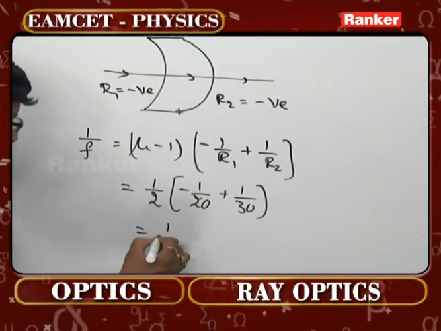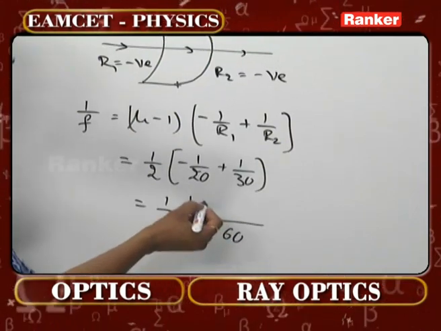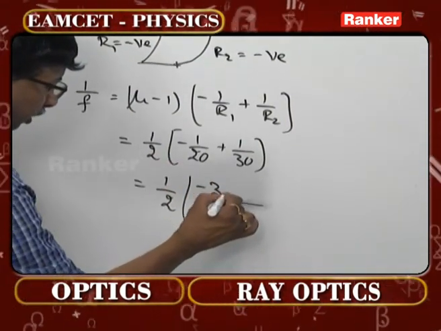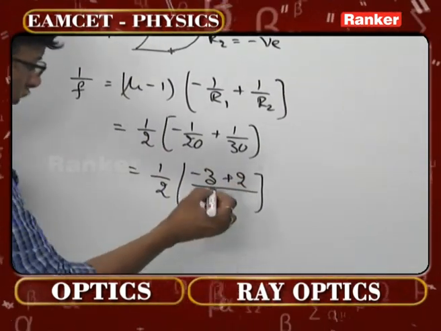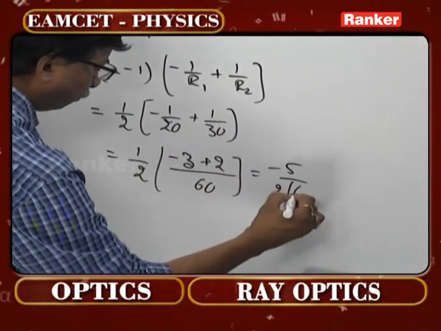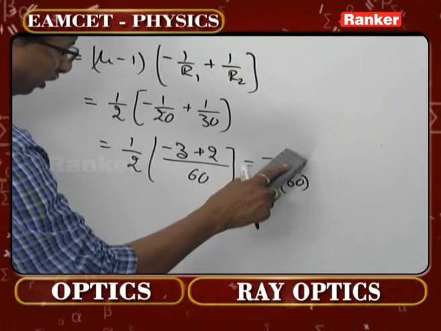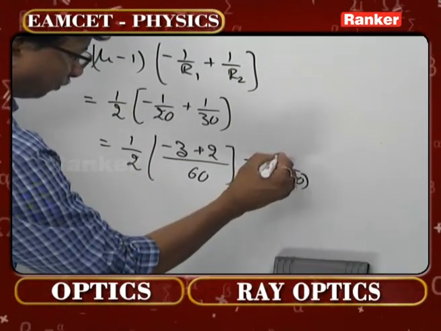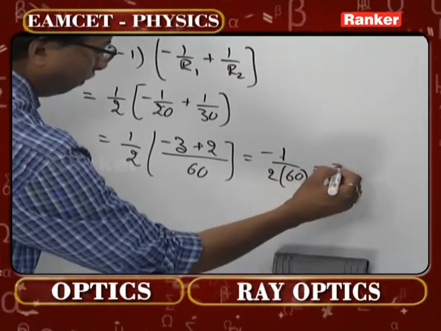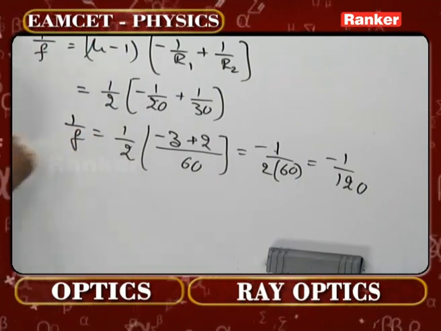You can now write 1 by 2 into, if you take 60 as LCM here, minus 3 plus 2, you will be getting minus 1 by 2 into 60. Now, what will be this value? Minus 1 by 120 is 1 by focal length.